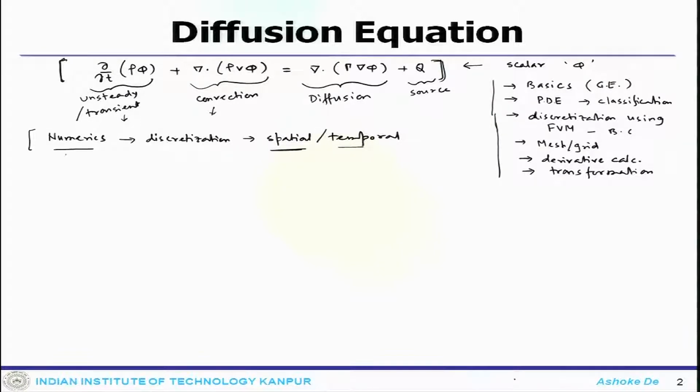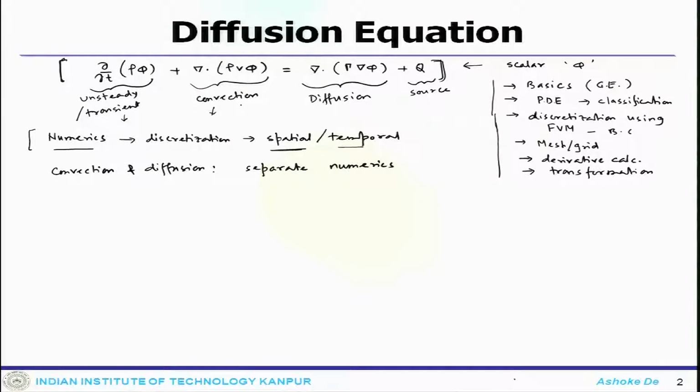The reason is that convection and diffusion are handled separately, because you require separate numerics or discretization techniques to handle each individual term.